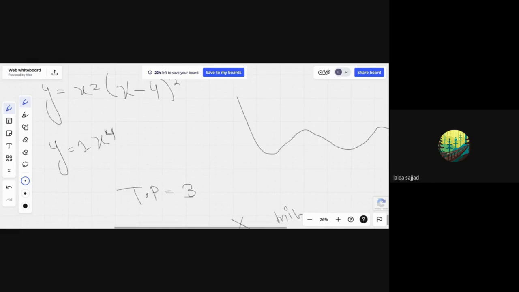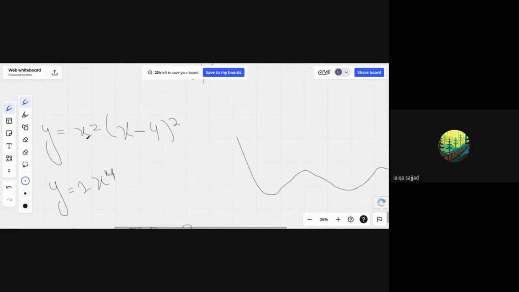So moving back from here, over here you can see that x has a power of 2. So we know that x square would be equal to 0 and x would be equal to 0. It has a power of 2. What's the value of x that we have?